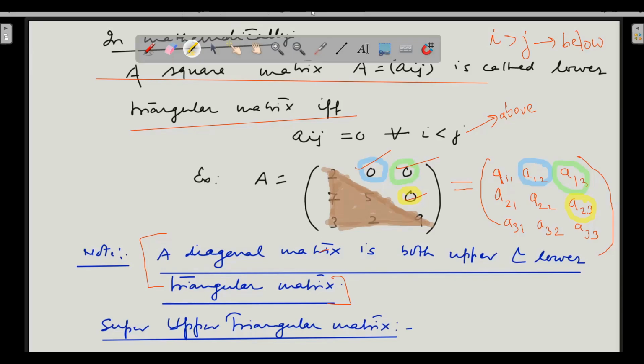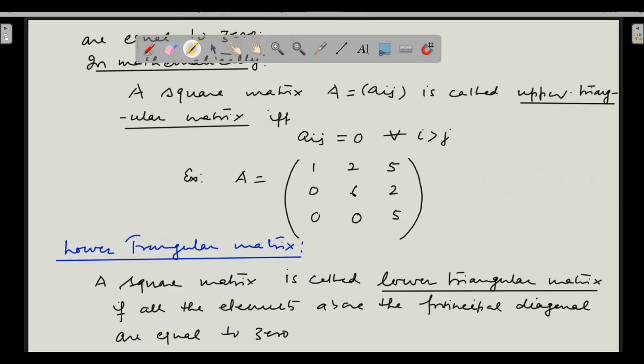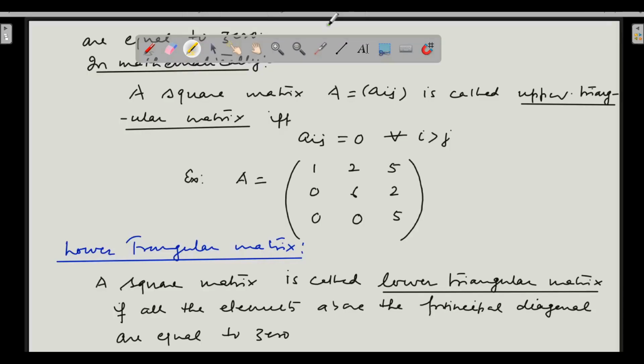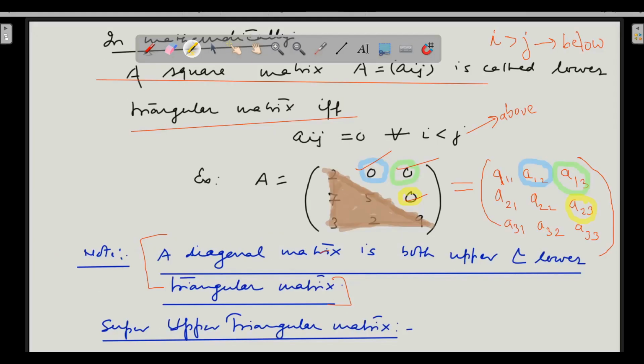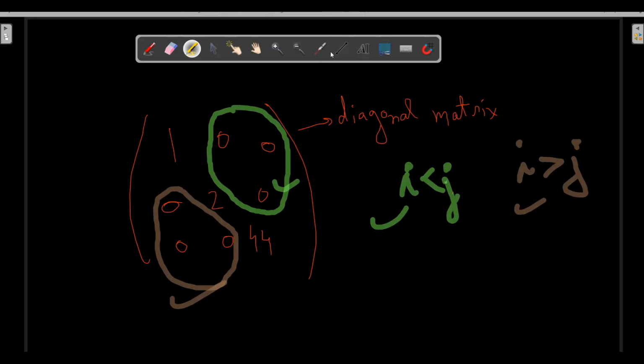Now what is an upper triangular matrix? The upper triangular matrix definition says that for i greater than j the element is 0. So for upper triangular matrix, these elements must be 0, so they are 0. And for lower triangular matrix, these elements must be 0, so they are also 0.